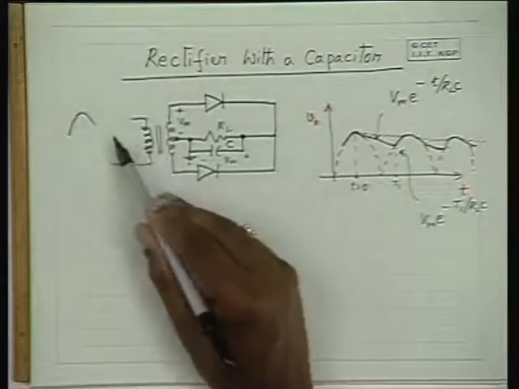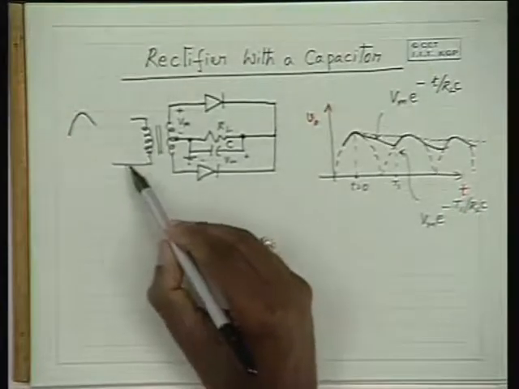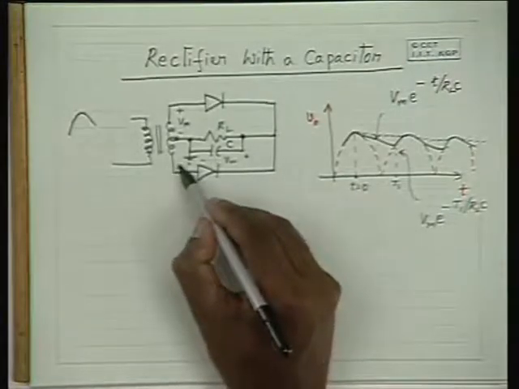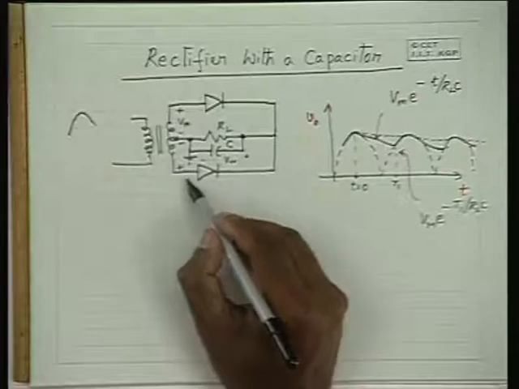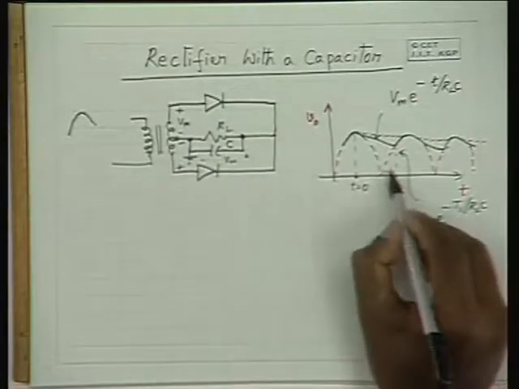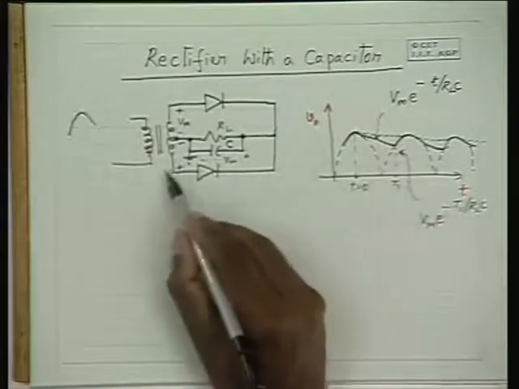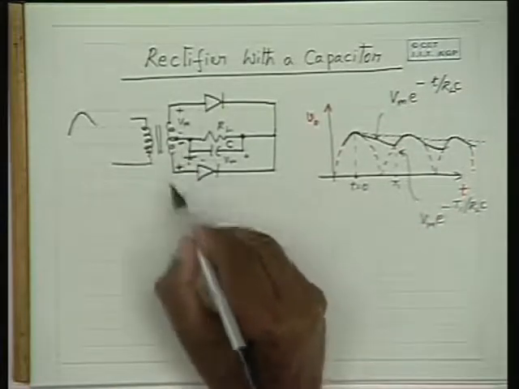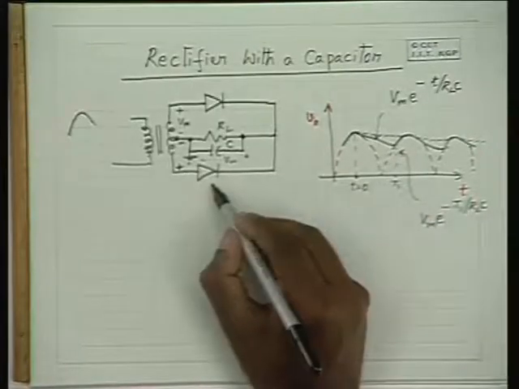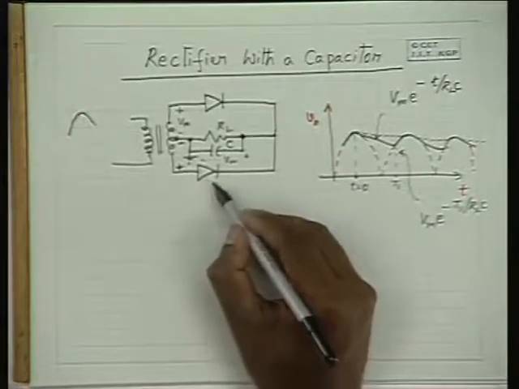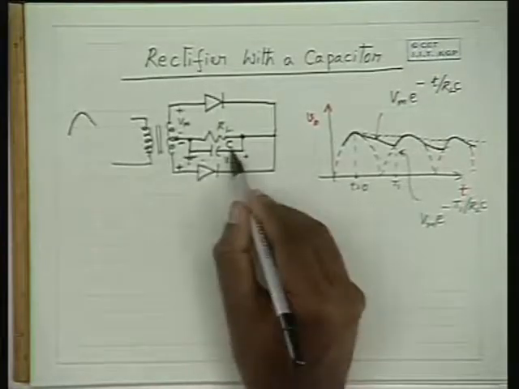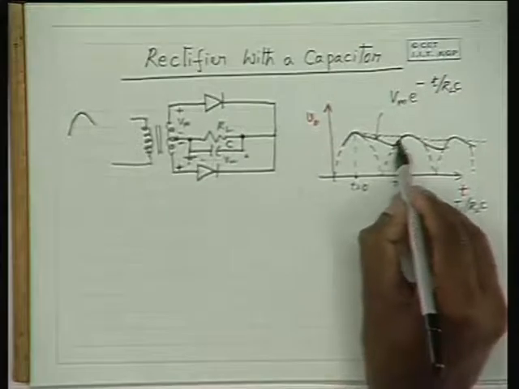Now in the meantime, the input negative half cycle comes into the picture, and this side would be effective, and this diode will become conducting once the input voltage rises beyond this voltage. Once the input voltage rises beyond this, this diode becomes conducting, and it again recharges the capacitor in this fashion.